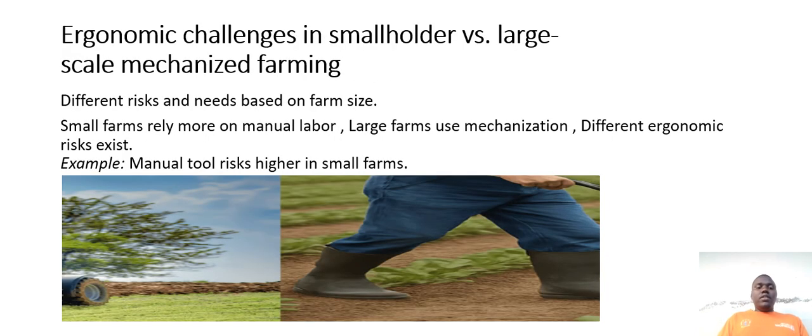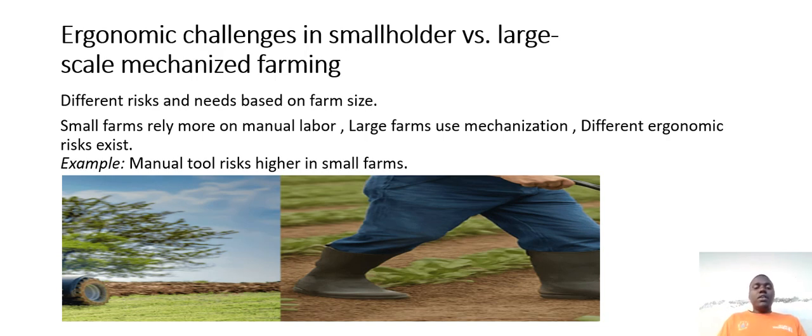And next is ergonomics challenges in smallholder versus large scale mechanized farming. That is very important in ergonomics. There are different risks and needs based on farm size. Small farms rely more on manual labor, while large farms use mechanization.